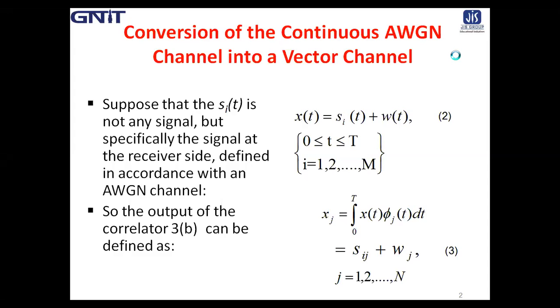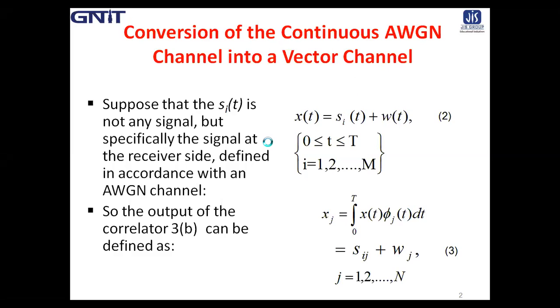Suppose that the input to the bank of N product integrators or correlators is not the transmitted signal si(t), but rather the received signal x(t), defined in accordance with the idealized AWGN channel.